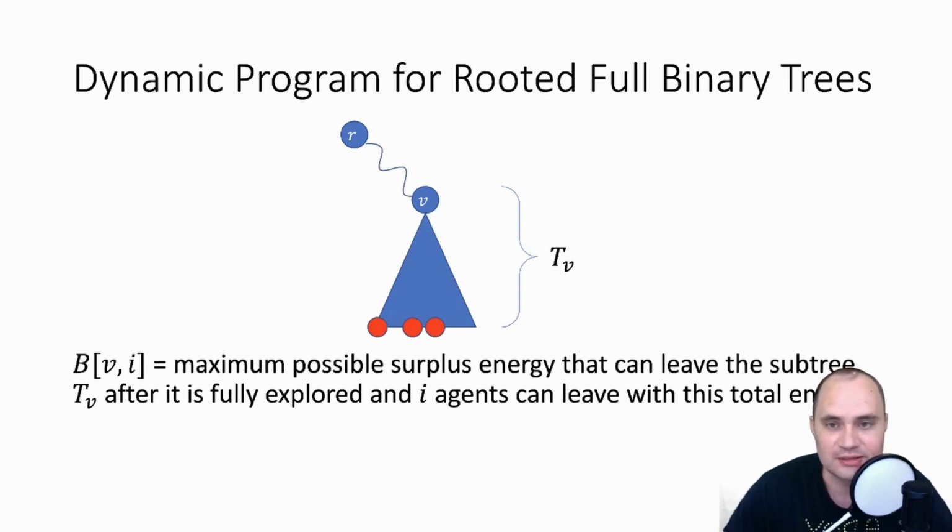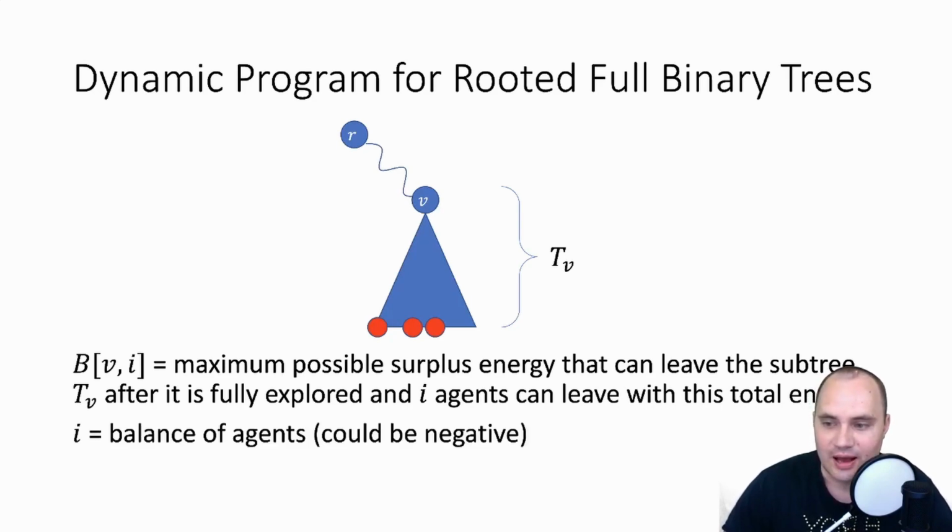This indicates that we need to keep track of essentially 2 key elements. One is the balance of energy that is going into the subtree T_V or leaving it, as well as the balance of agents. We store the balance of agents as an index into the table, and the optimal balance of energy for this subtask is stored in the table itself.